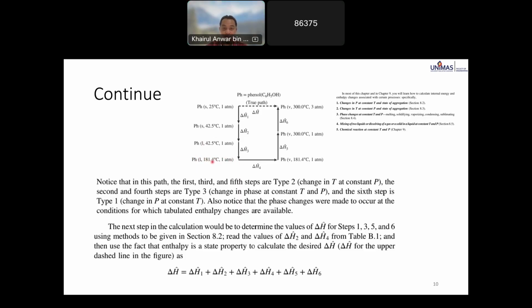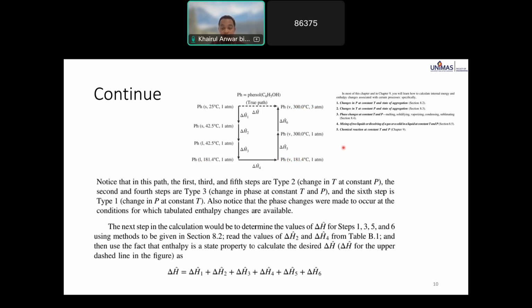Next is you change the phase, process type 3 from liquid to vapor, but the target is 300 degrees C. So 300 degrees C, you need to increase the temperature. Now that the phenol is in vapor form at 181, the boiling point temperature, so increase the temperature to 300 degrees C.